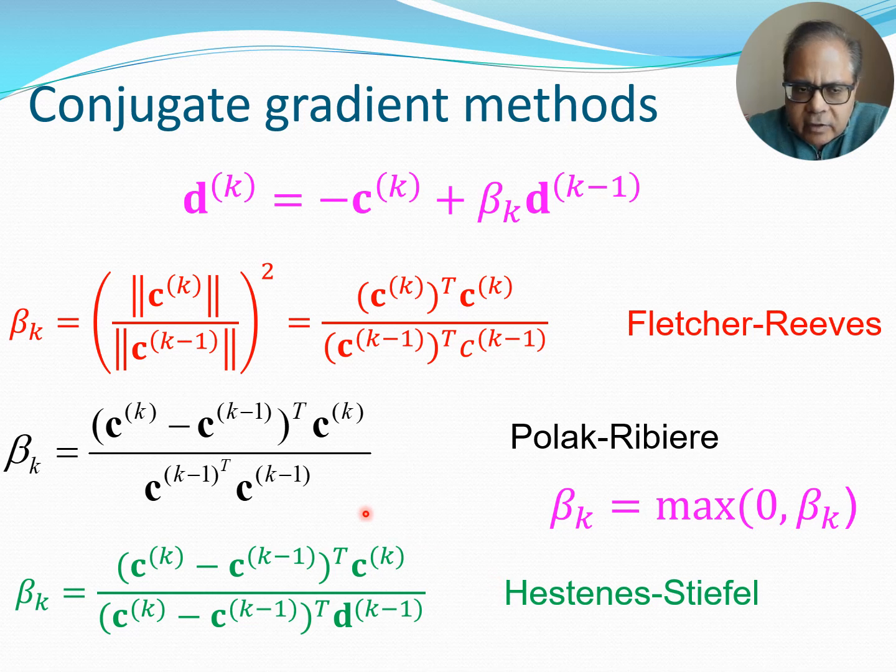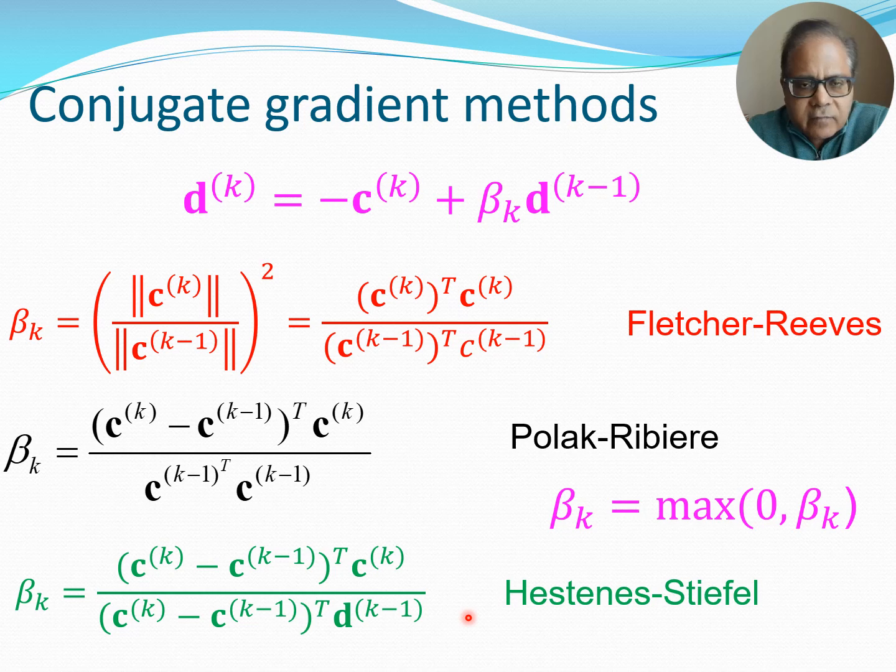So if you look at the difference between Fletcher-Reeves and Polak-Ribiere, you will see that there is an extra term present in this second method, and that involves the ck minus 1 term here. And if you look at the Hestenes-Stiefel formula, which is probably the most complicated, you also have the presence of dk minus 1 term here, and you certainly have these two ck minus 1 being present here. So there is a little bit of difference in these formulas.